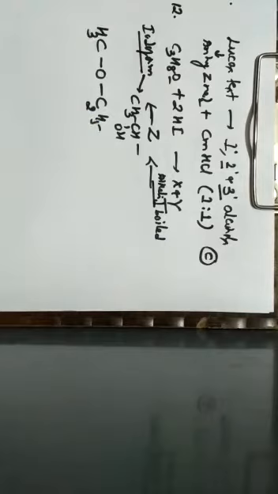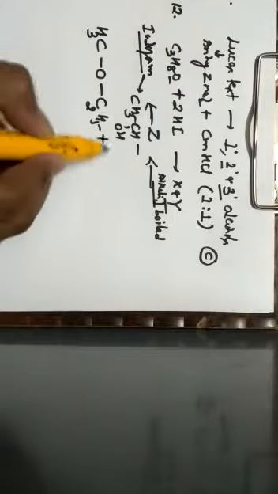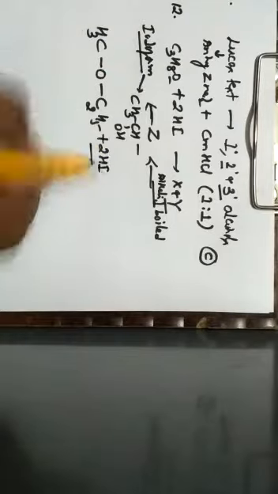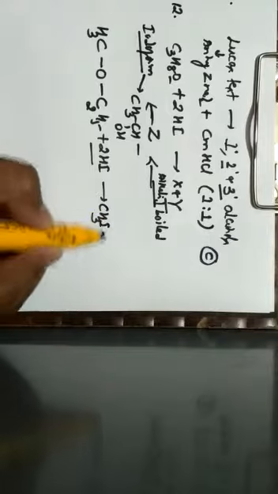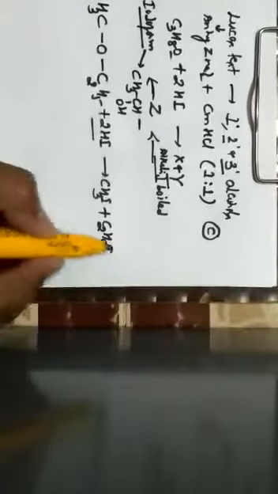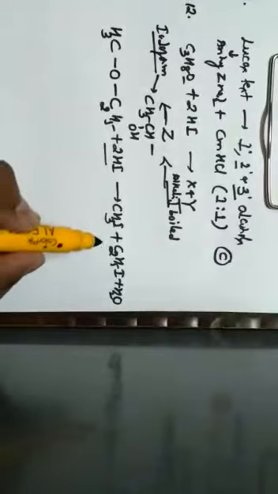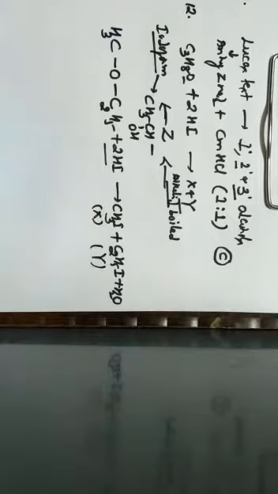Another one group I can write it as CH3, which is nothing but ethyl methyl ether. When this ethyl methyl ether is treated with 2 moles of hydrogen iodide, we can get what? Methyl iodide we can get, as well as we can get ethyl iodide along with the formation of what? Water molecule. And here this is X, this is Y.